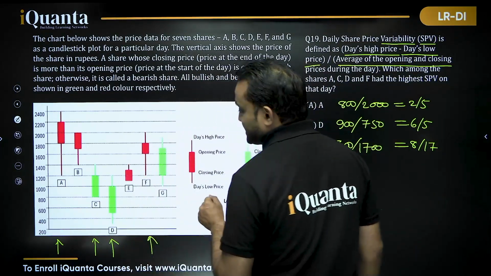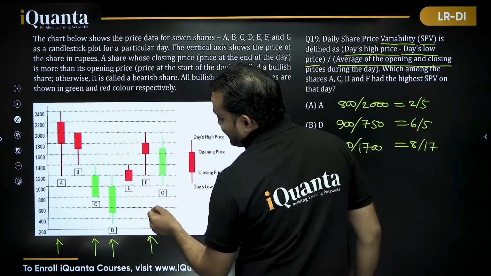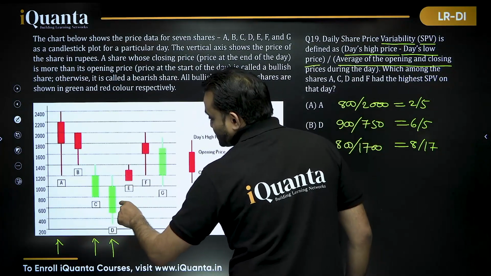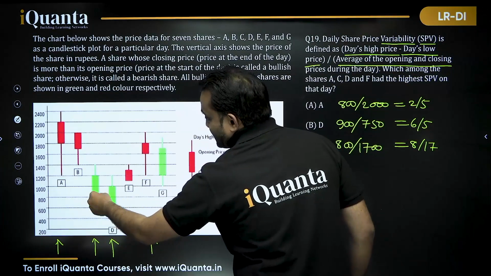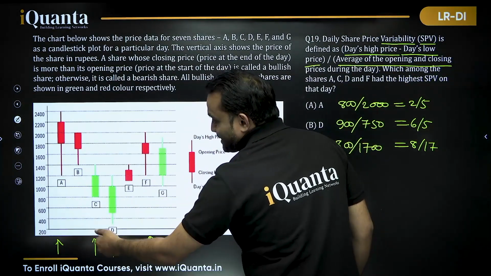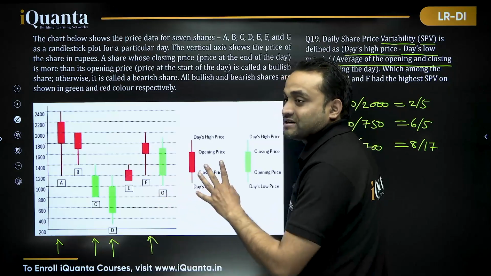And in case of C, so 1400, and the low will be 800. If there is no stick given, that means the opening price is the lowest, right?